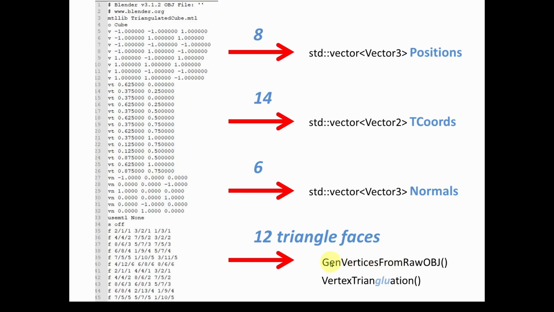But it runs this method when it evaluates these faces, and a vertex is kind of an object, a class, and it fills those vertex objects from the raw OBJ file. And then it does what's called vertex triangulation, a misspelling of this method, but it triangulates these faces if they're not already triangulated. In our case, we saved it as a triangulated mesh, so it kind of ignores that triangulation. But if it has some faces that are quads or n-gons, it will triangulate them.